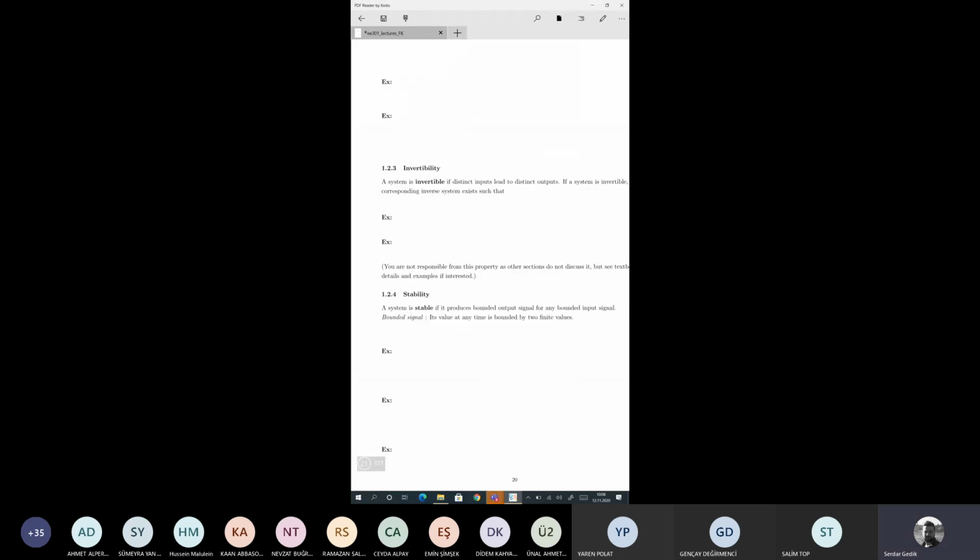Well, I have more examples. y of t is equal to x of t plus 1. Of course, this is non-causal. Again, I need a single counterexample. Let's say y of 0 needs x of 1. So I need a value from the future. So I have a non-causal system.